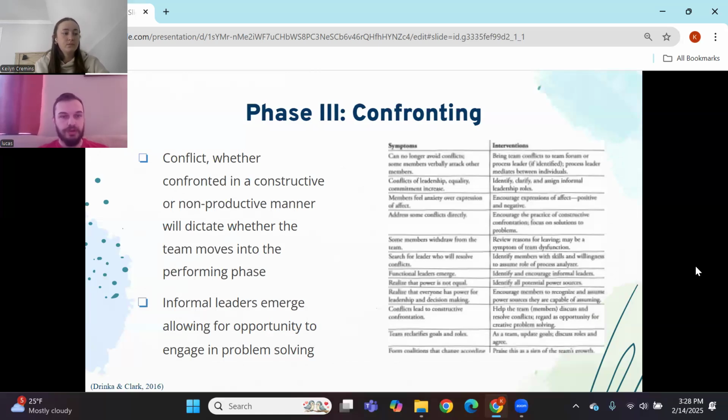So phase three is the confronting phase, and this is when that conflict does break out. Whether it's confronted in a constructive or non-productive manner will dictate whether the team moves into the performing phase. This is also a phase where informal leaders emerge, allowing for opportunity to engage in problem solving.